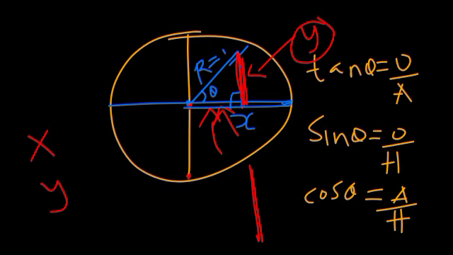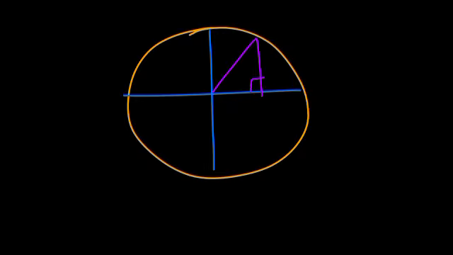Okay, so now let me write this properly. We have a circle like that, and a right angle triangle inside the same circle, and the sides have changed from opposite, adjacent and hypotenuse to these new names.